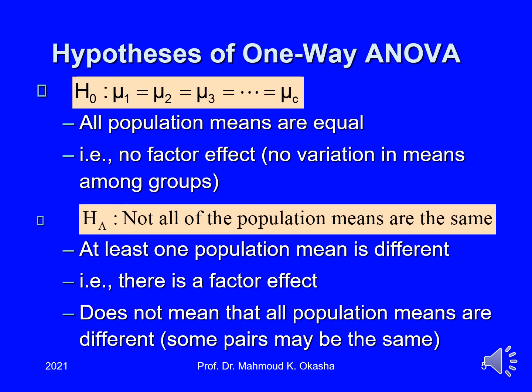Now, there is a factor effect in that case, which does not mean that all population means are different, but not all population means are the same. Observe that some pairs may be the same, as I mentioned.